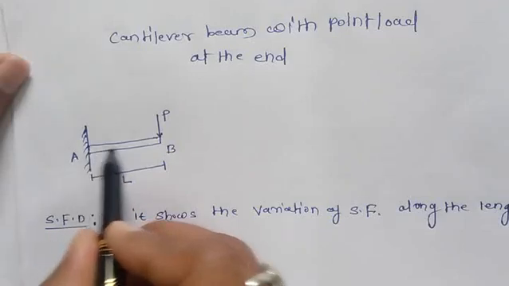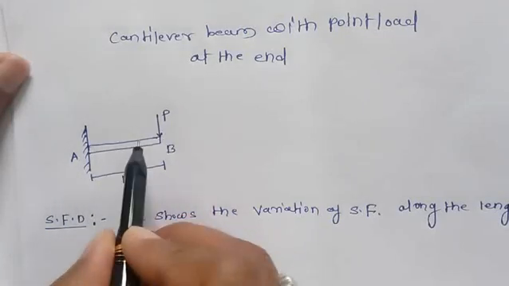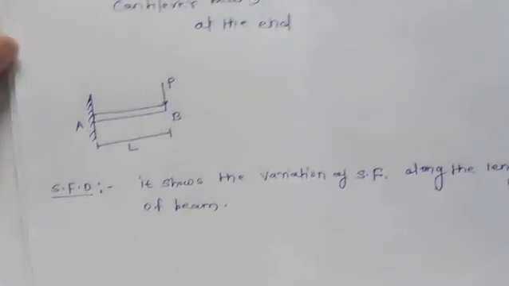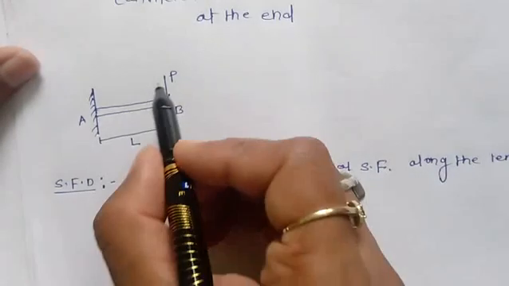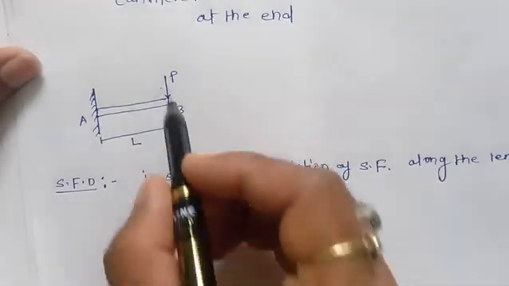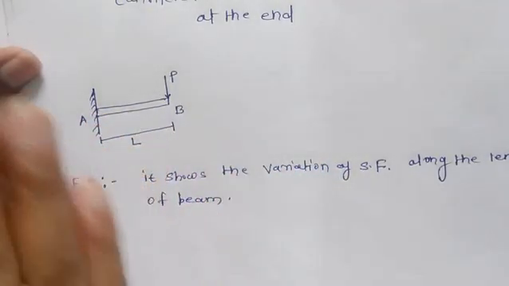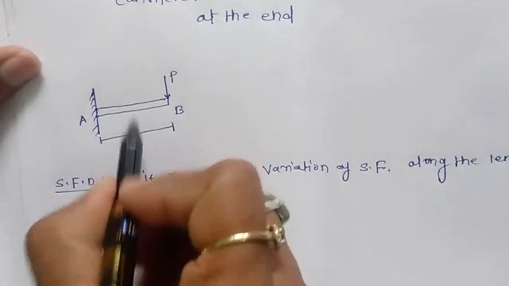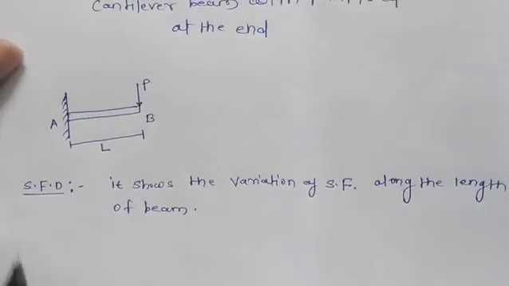Means along the complete length or span of this beam, whatever shear forces are acting, this diagram shows. Shear force is nothing but the summation of all vertical forces acting up to the section. Up to the section we have to consider the vertical forces only, and that is called the shear force.